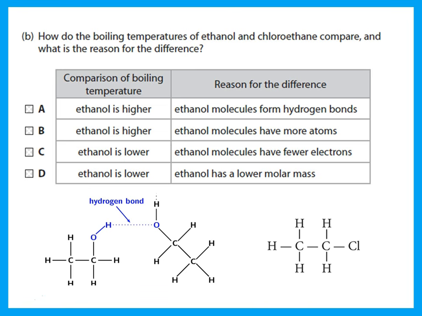The one that forms hydrogen bonding has a higher boiling point. The chloroethane cannot form hydrogen bonds, so the only intermolecular forces in chloroethane are the weak London dispersion forces or van der Waals forces. So the boiling temperature of ethanol is higher, and that is because ethanol molecules can form hydrogen bonds.